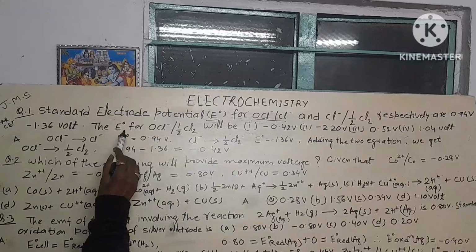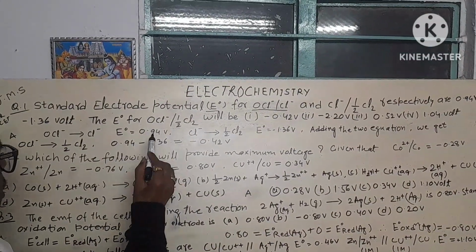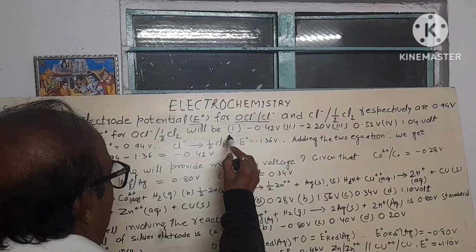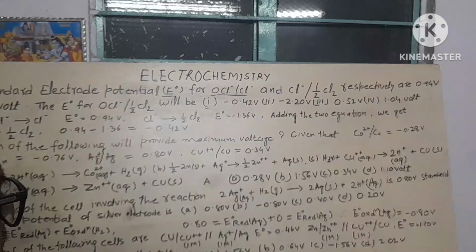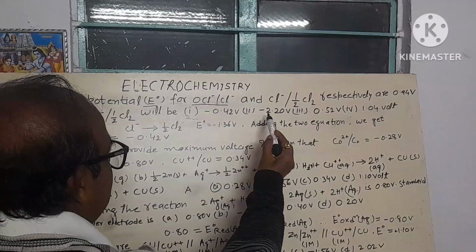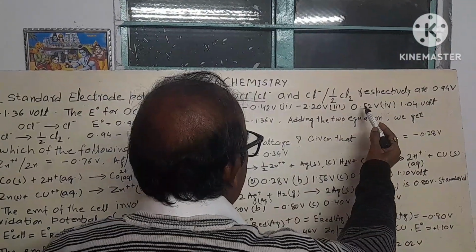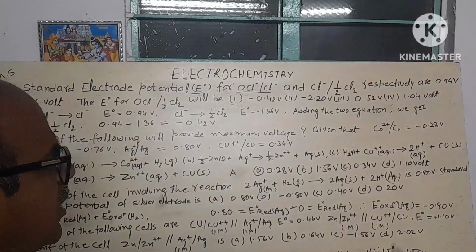The standard electrode potential for OCl minus oblique half Cl2 will be: first option 0.42 volt, second option minus 2.20 volt, third option 0.52 volt, fourth option 1.0 volt.